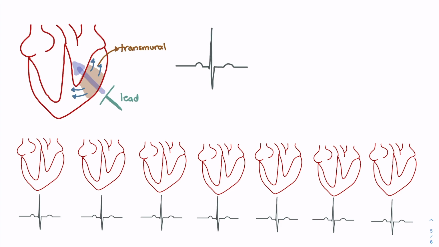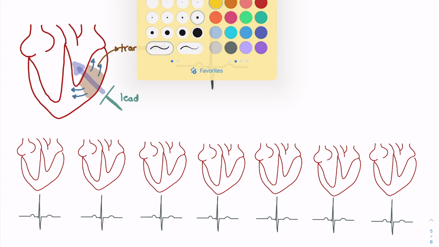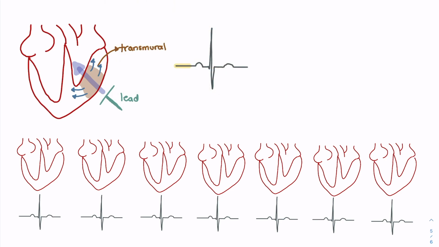What's important to realize is that vector is going to be present all the time now. So as that patient is having a myocardial infarction, that vector is present at rest. Where the big change comes in is the isoelectric line, the time in which the heart is at rest, or we're in between depolarization and repolarization. That's not the case anymore.